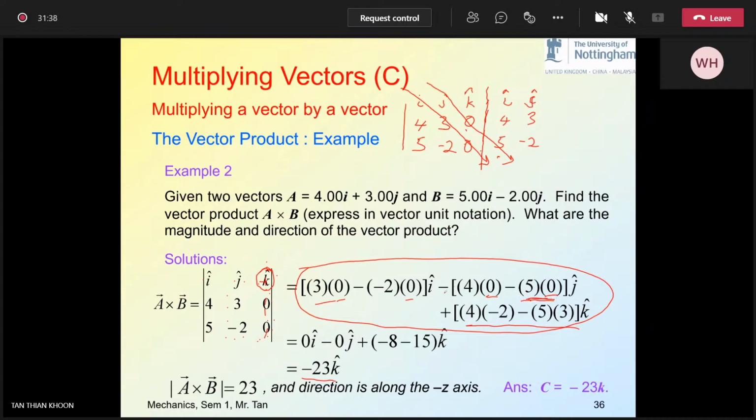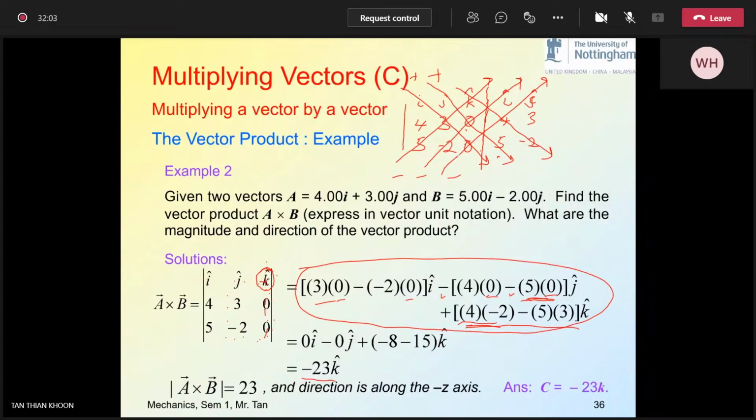Of course, this is minus here, this is minus, that's why it is positive. And then for K it is 4 minus 2. So that is how we obtain it using this method. Same thing for the negative.